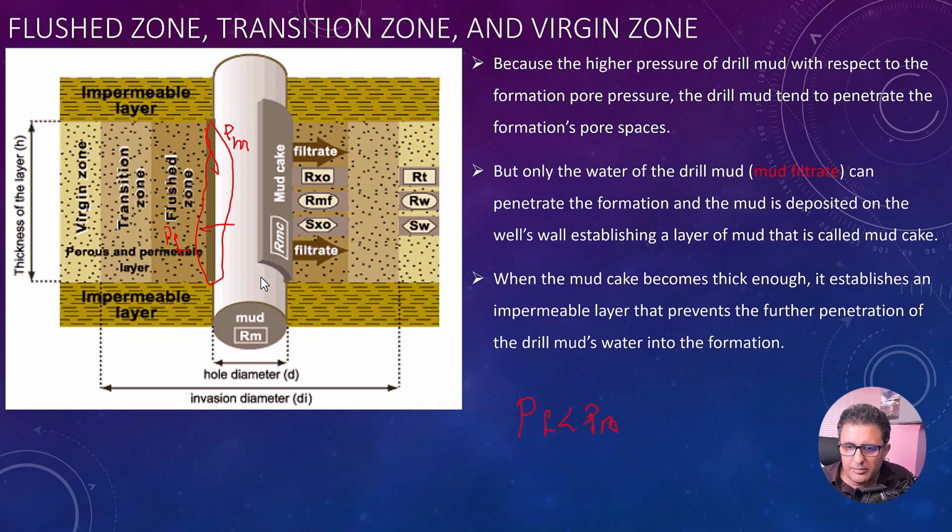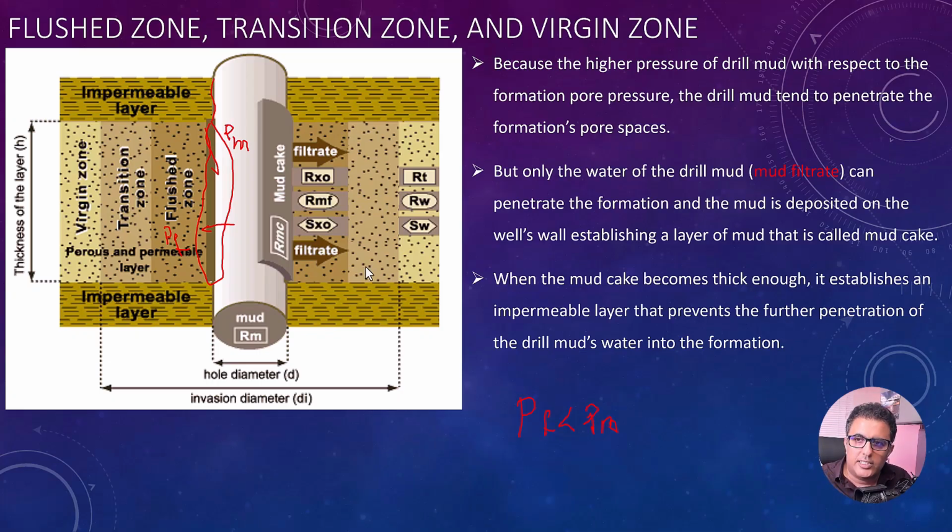So here is something that is interesting. Just notice that if the formation is not permeable, or for an impermeable formation, there is not going to be any penetration of mud filtrate into the reservoir. And that's why mud cake forms only in the vicinity of permeable formation.